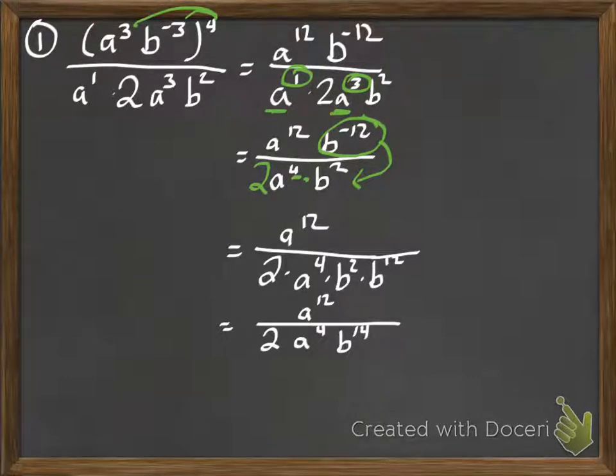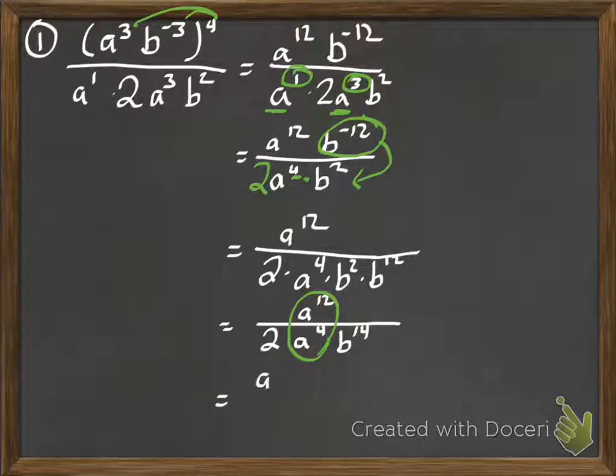Now, what's the only thing left to combine? What's the only thing I have two variables on? They're the same. Yeah. We have two a's raised to a power. What property is going to let me simplify those? The quotient.